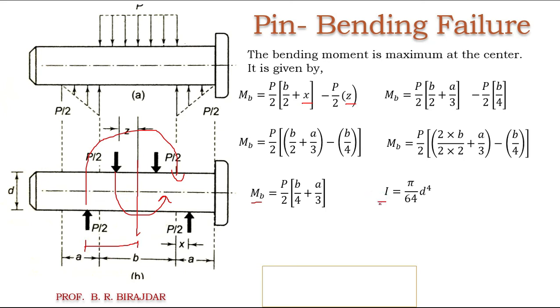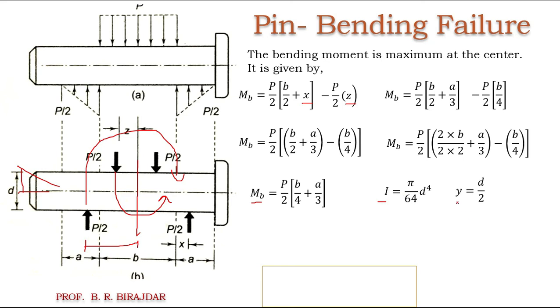Then the moment of inertia I, as this is a circular section, is pi by 64 d raised to 4, which we are already aware of. And Y is the distance from the neutral axis to the outermost layer, which is d by 2.